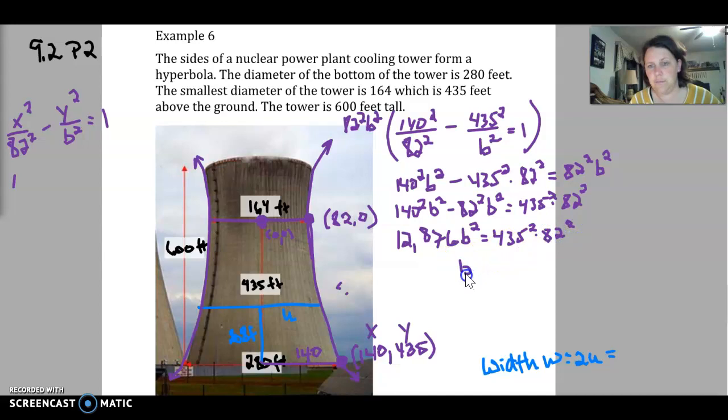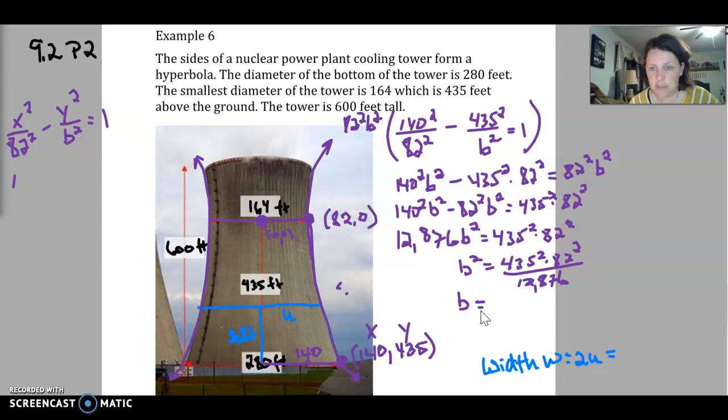Now solving for b squared, we've got 435 squared times 82 squared all over 12,876. Okay, so now we should have b is equal to, and you can leave that as b squared also.